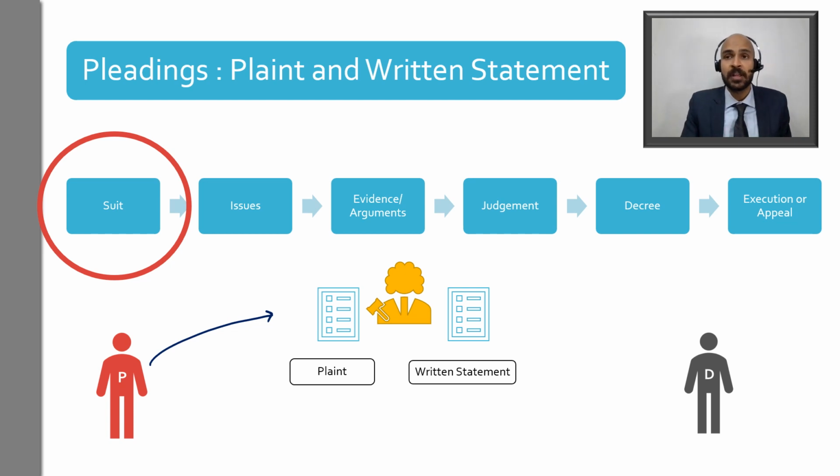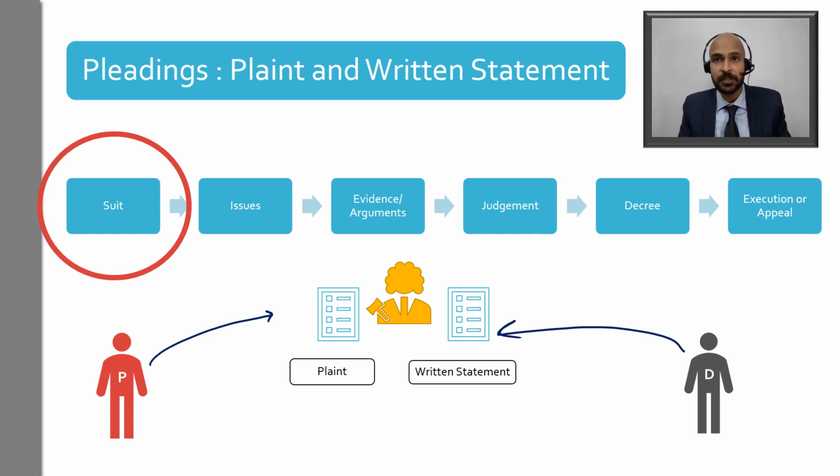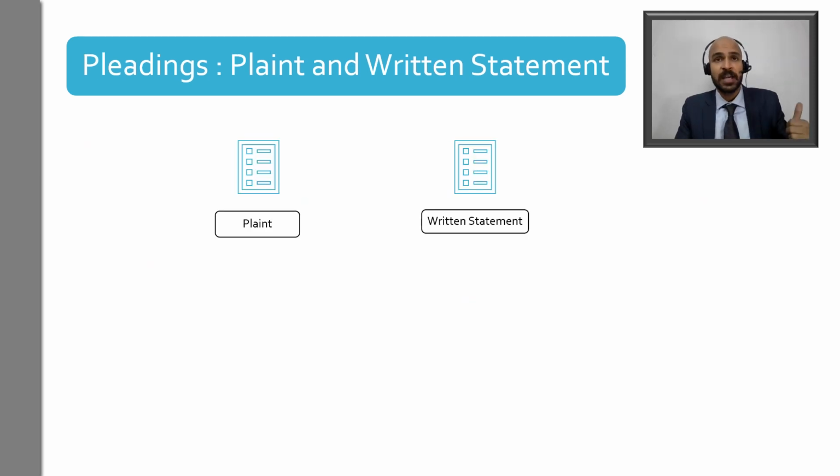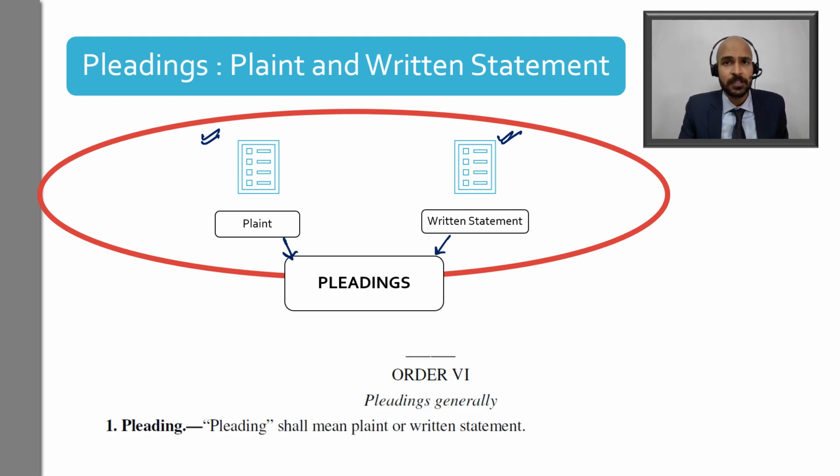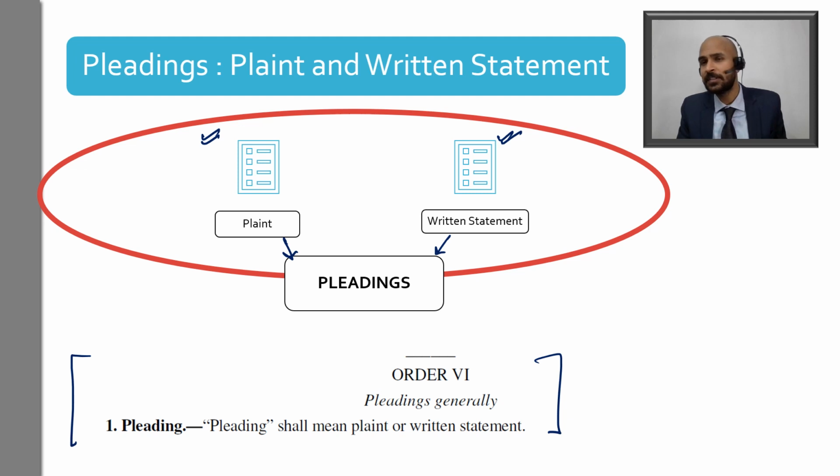The document offered by the defendant in response is called the written statement. So we have two documents, the plaint, the submission given by the plaintiff, and the written statement, the submission given by the defendant, which are collectively known as pleadings, which means pleadings include both the plaint and the written statement. And you can see this in Order 6, Rule 1 of the CPC.